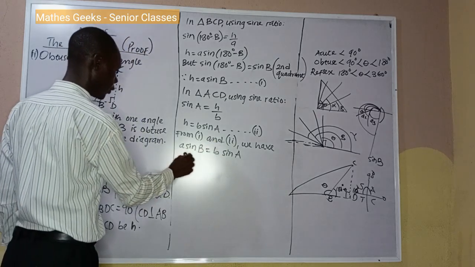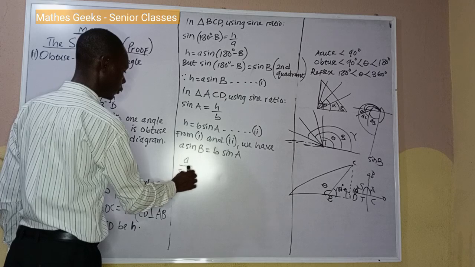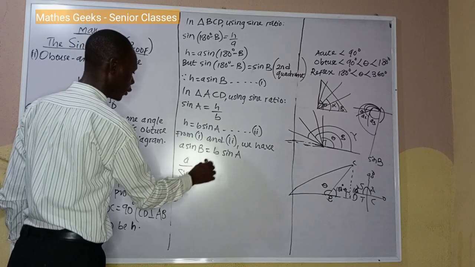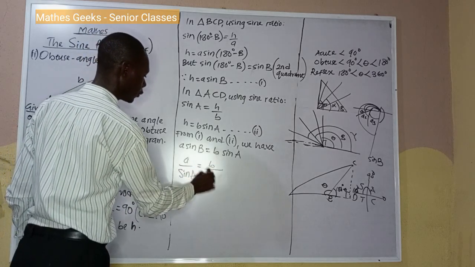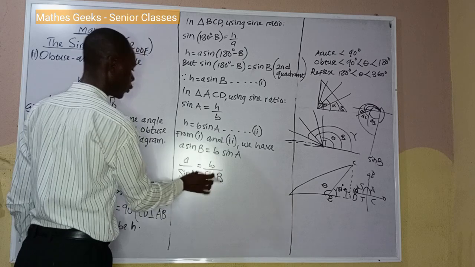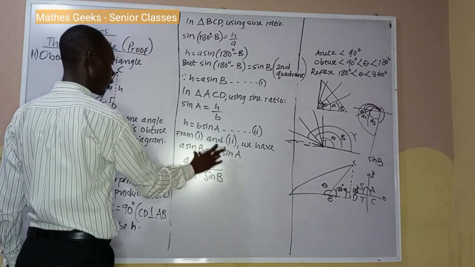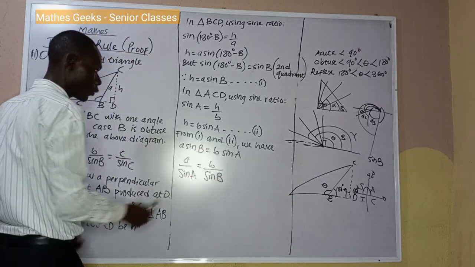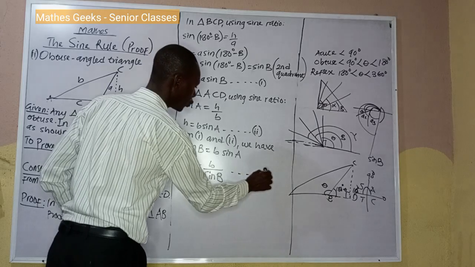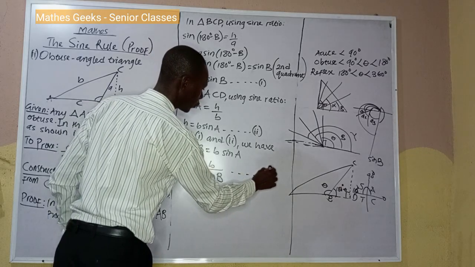So this will give us a over sine A is equal to b over sine B. When you cross multiply them together, you get this back, and when you divide, you get this. So let's call this equation 3.